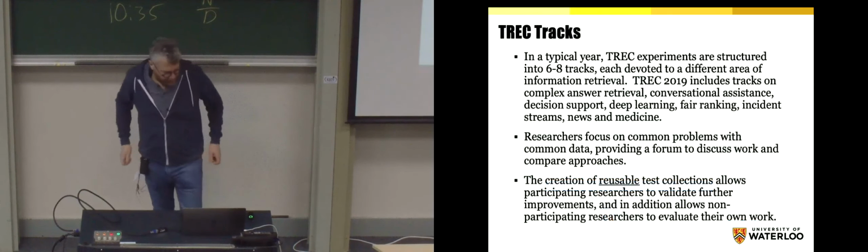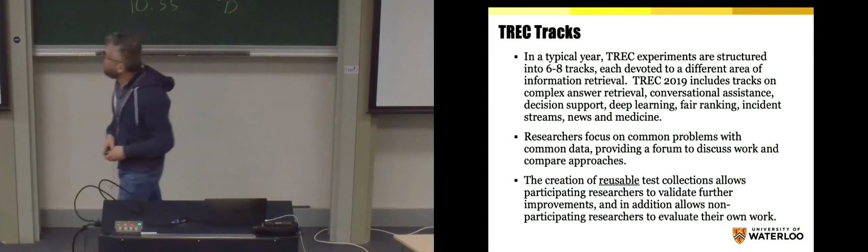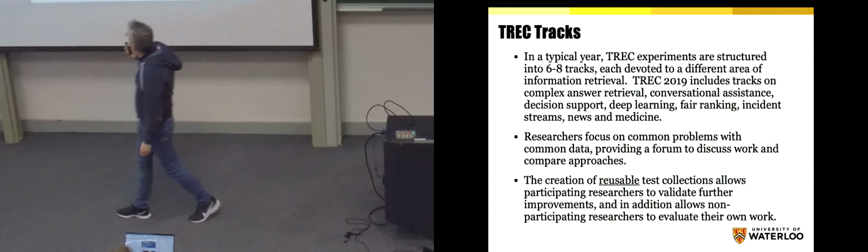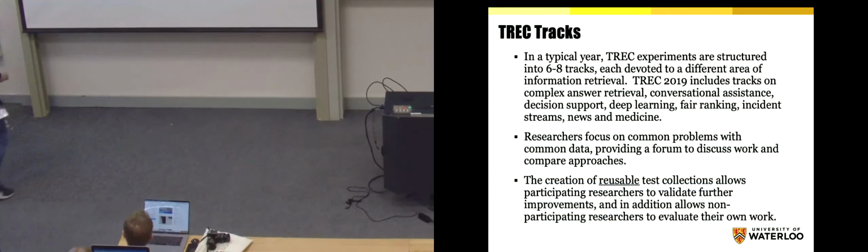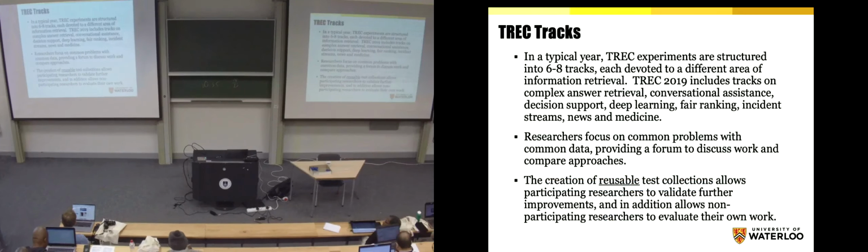I'm going to talk about TREC because it's the academic forum. So TREC, every year there are a bunch of problems that you can work on in machine learning related to search. 2019 had complex answer retrieval. That's going to go away this year. Conversational assistance, I spent a lot of time on that.